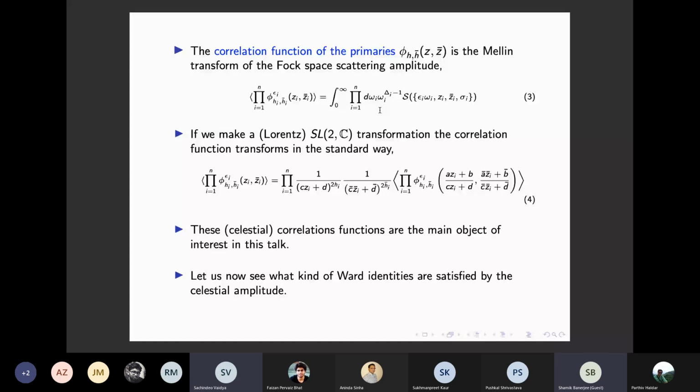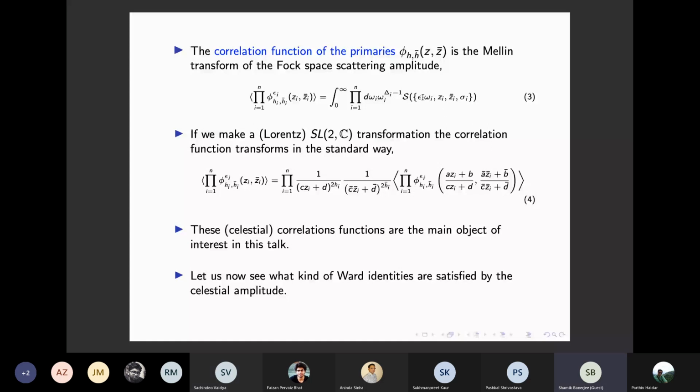Yeah, so the sense in which I am saying this is that if you look at the integral transformation of the S matrix, which is this equation 3, what one can do is first compute this thing.